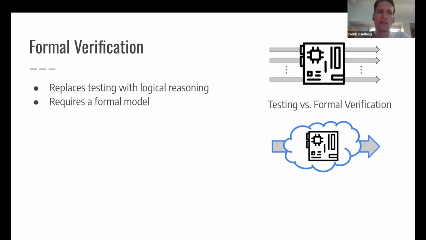So the skeptical and critically minded audience is maybe thinking about an issue with this right now. That formal verification can never replace testing completely, since what is it that guarantees the correctness of the formal model? You can't just make up a formal model and then claim that this has some connection with reality. So accordingly, you must use testing to check that your formal model agrees with the real behavior.